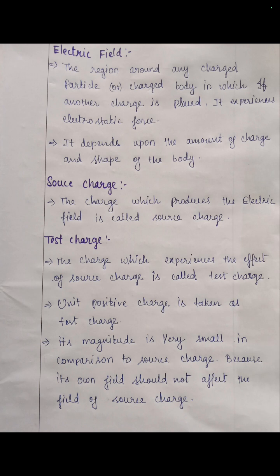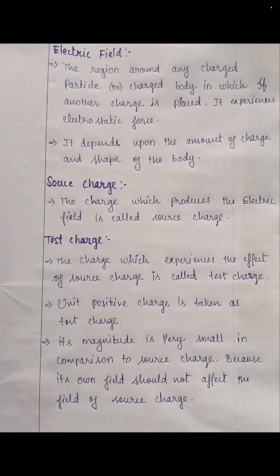We consider the small q as a unit positive charge because every charged particle produces an electric field around it. So the small q charge also produces an electric field around it, and due to that electric field, the capital Q charge experiences a force and it will tend to move from its original location. Here we need to study the electric field of a stationary point charge.